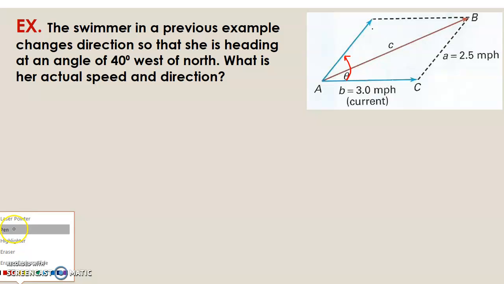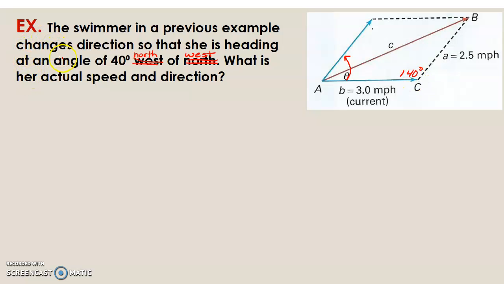It says this is 40 degrees west of north, but this is actually 40 degrees north of west. I don't know how I typed it in the wrong way. But that whole angle right there is 40 degrees. That makes this 140 degrees because adjacent angles on parallelograms are always supplementary. They add up to 180 degrees.